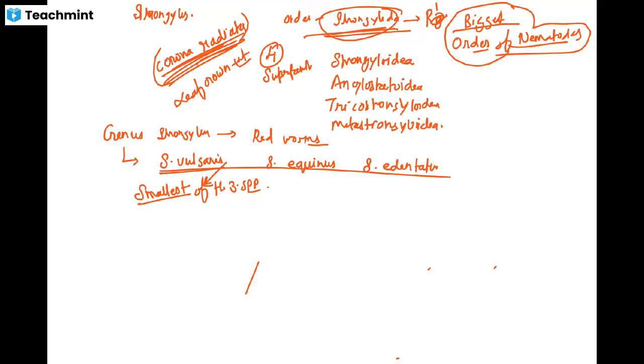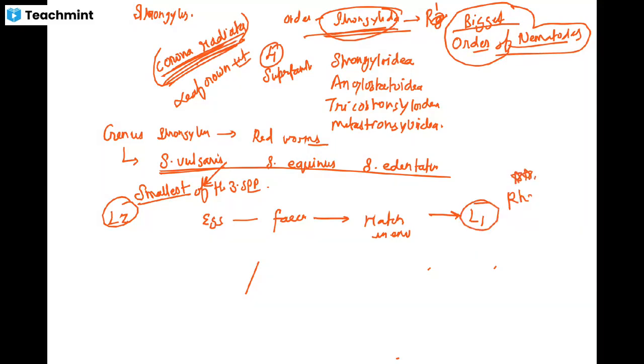Then the life cycle is like this: there is an egg, they are passed out in feces, they hatch in the environment. Here L1 is rhabditiform. This is a very important point. L1 is rhabditiform means the L1 stage larva has a rhabditiform esophagus.